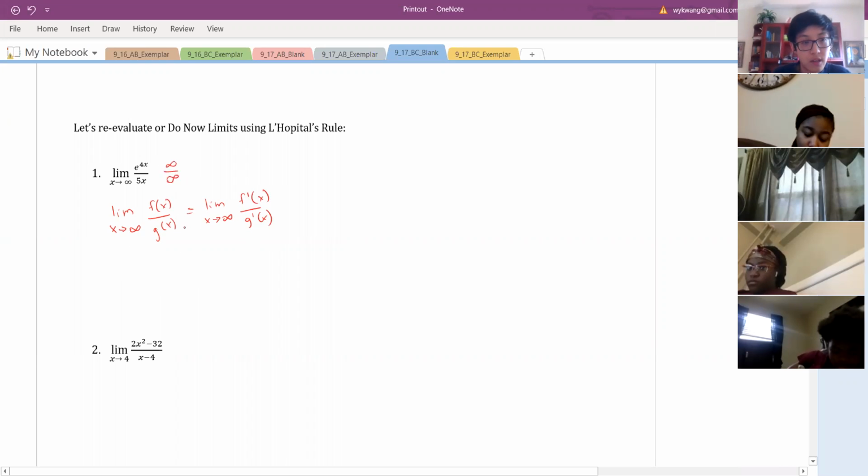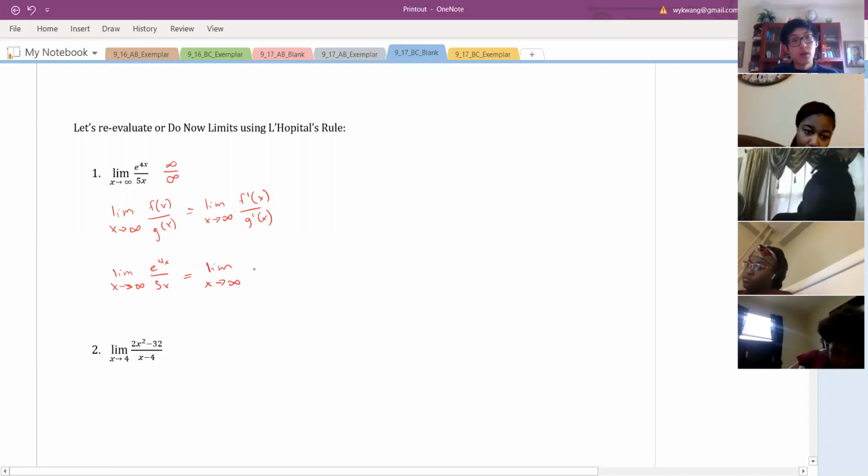So if we differentiate e to the 4x, right? Let's say the limit as x approaches infinity of e to the 4x over 5x would be equal, in that case, to the limit as x approaches infinity of the derivative of e to the 4x.